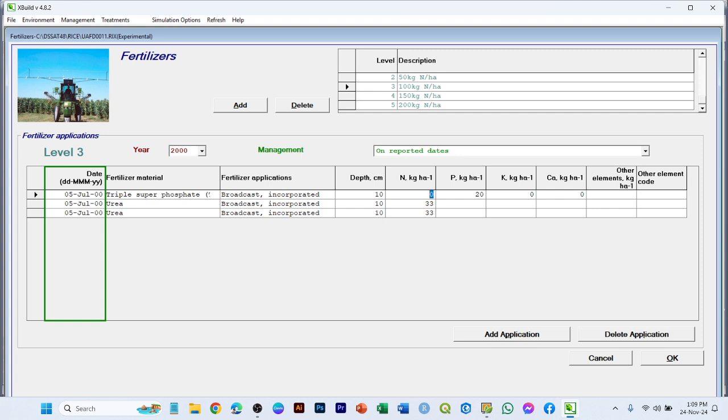So this is organic amendments. If you have experiments, this portion is basically for the soil scientists.